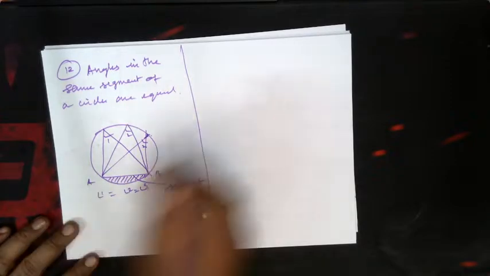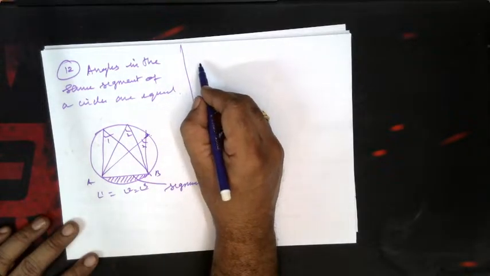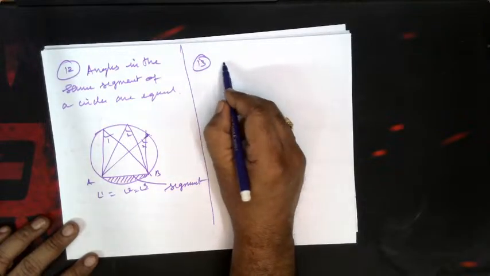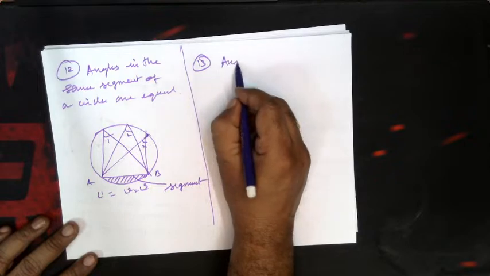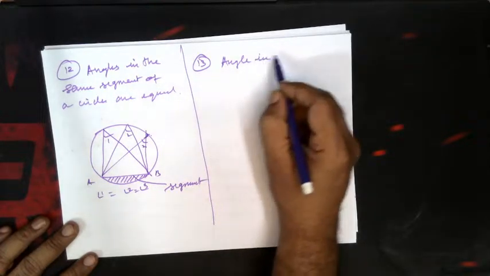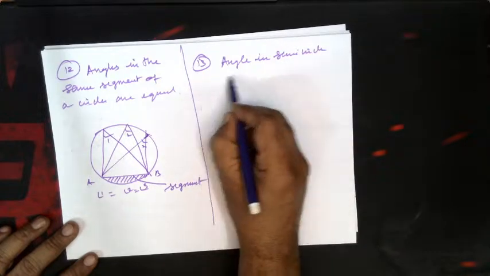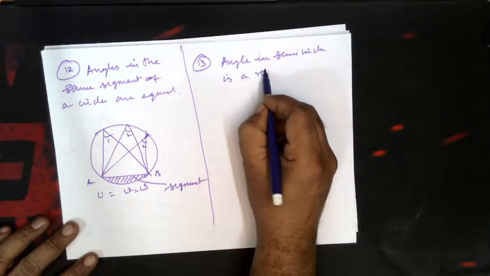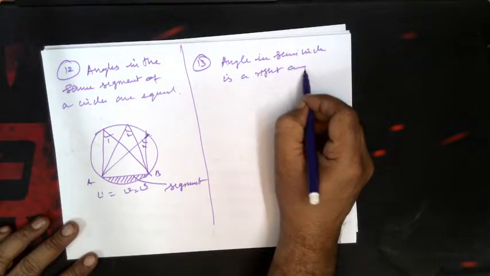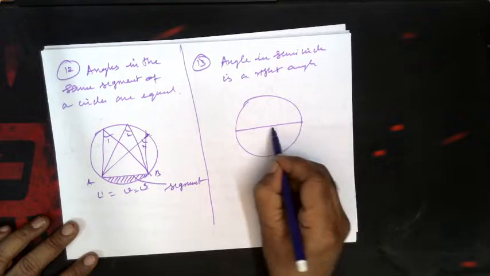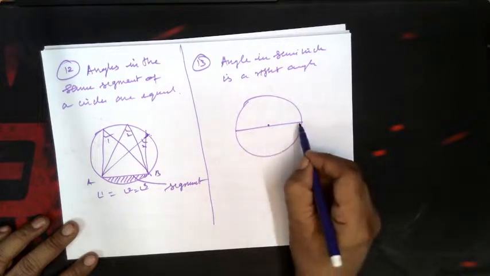Right. And what is the third point? That is angle in a semicircle is a right angle. What do you mean by this? Draw a circle. A chord passing through the center is called what? Diameter.